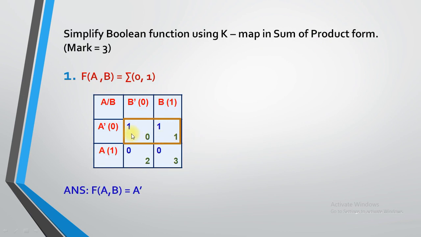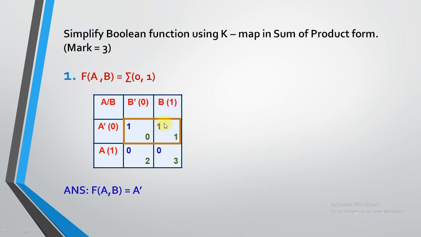Inside the table, you need to give the cell numbers, that is 0, 1, 2 and 3, as the input variable is 2. We have used the sigma sign, and inside the bracket the number of the cell. With the sigma sign, on whatever number of cell is there, you need to write 1.